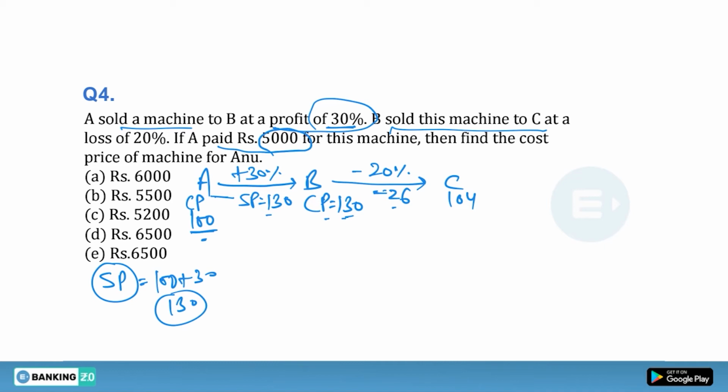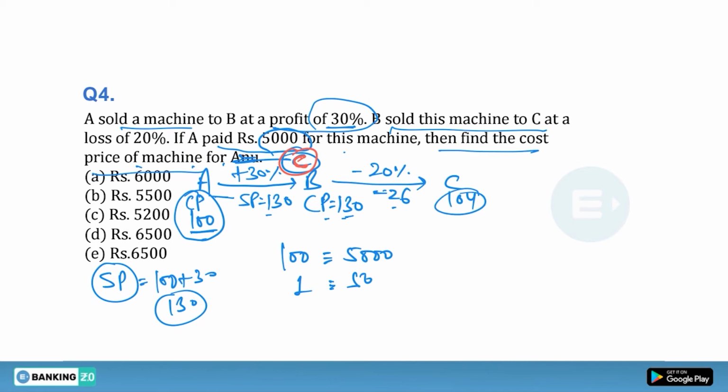A paid rupees 5,000. That means according to our assumption, we have assumed that A paid 100 rupees. That means the value of 100 units is representing 5,000. Then 1 will be representing 50. Then find the cost price for the machine for C. Here will be C, guys.